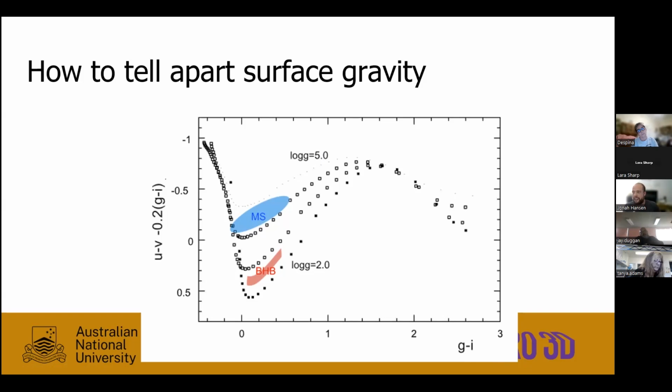You can also tell different types of stars apart. Up here, we've got some main sequence stars in blue, and we've got another type of hotter star called a blue horizontal branch star, sitting down lower. And so these types of diagnostic plots can tell us a lot about what a star is doing.